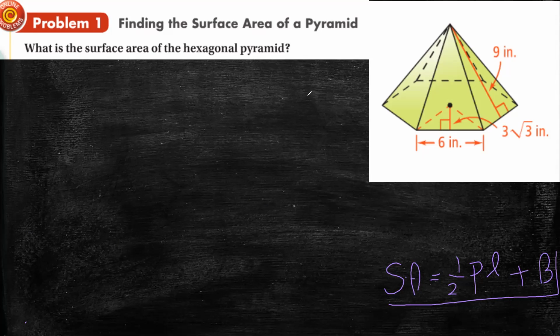So since we have a hexagonal pyramid, I need to find the perimeter of the hexagon and the area of the hexagon.